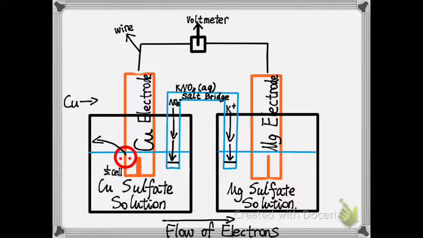Cu goes to Cu2 plus, which just means it loses two negative electrons. This is the solution.